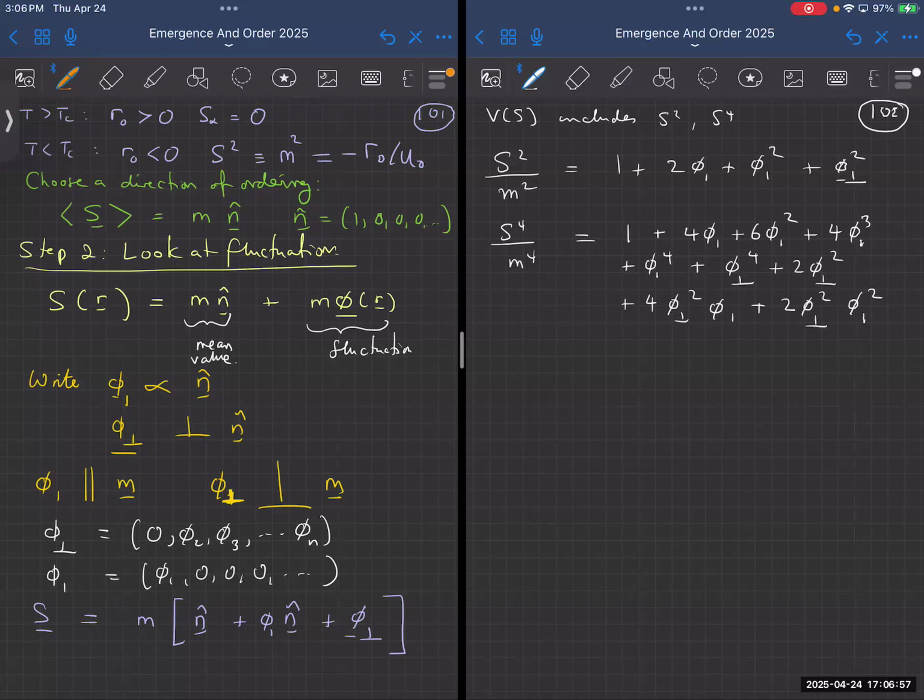Did I get them all? All I did was take the formula for S squared and square that. So I've got 4 terms there, and I've just squared them. Hopefully I copied them down right from my notes. You should check this. It's just 30 seconds worth of checking.